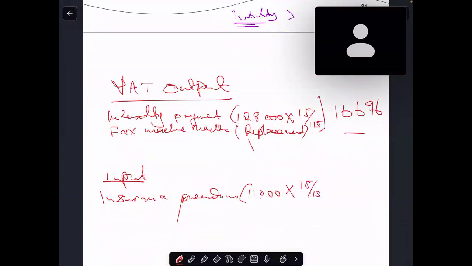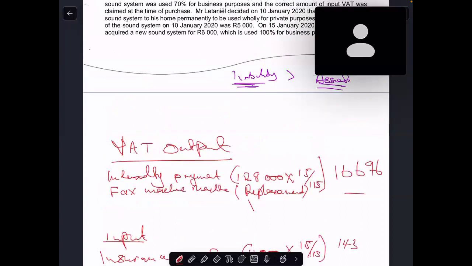Why 15 over 115? Because they say to us, all the amounts include VAT. How much are you getting, good people? 143. 143. 100 and what? 43.